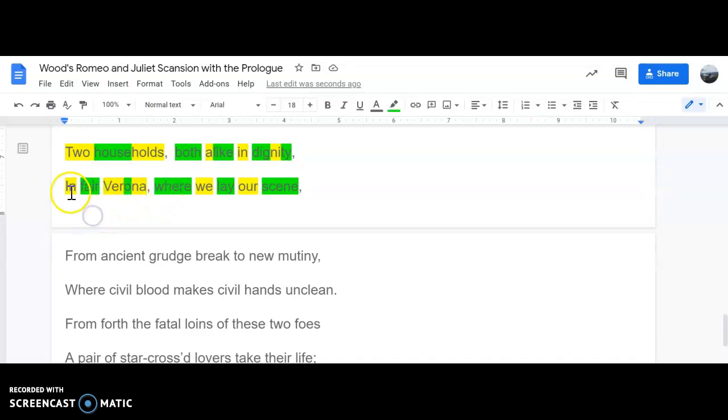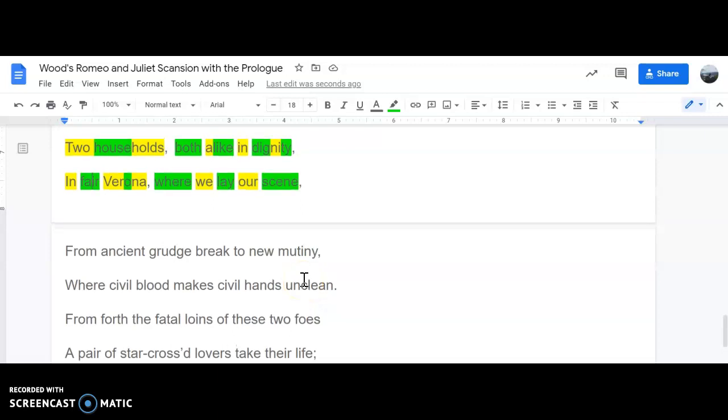And if you look at all the pairs, so yellow, green, 1, yellow, green, 2, yellow, green, 3, yellow, green, 4, yellow, green, 5. You have 5 feet in that line. Same with the first one, and you will have 5 feet in every single line. That's where the pent comes from in iambic pentameter. Okay, so think of just break the word pentameter down. Pent always means 5, like the pentagon, and then meter always means the length or measurement of something.